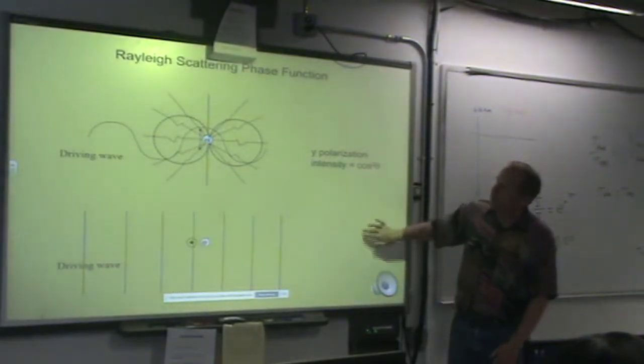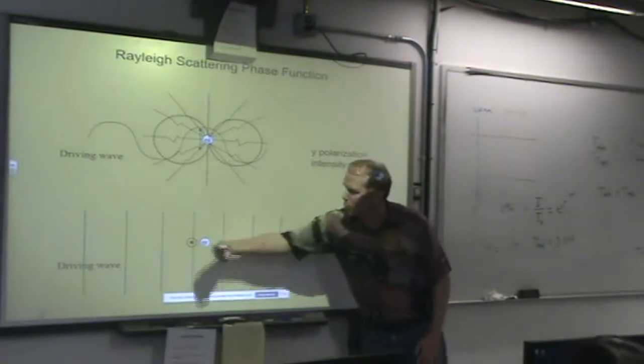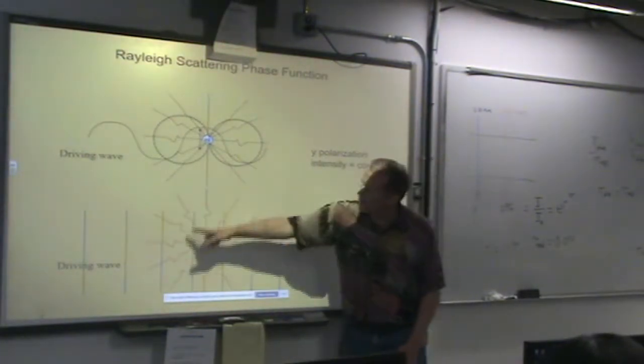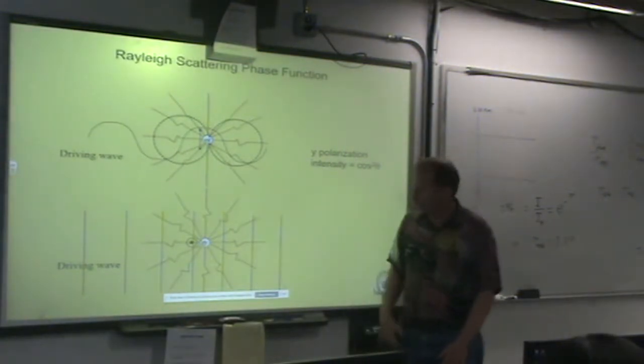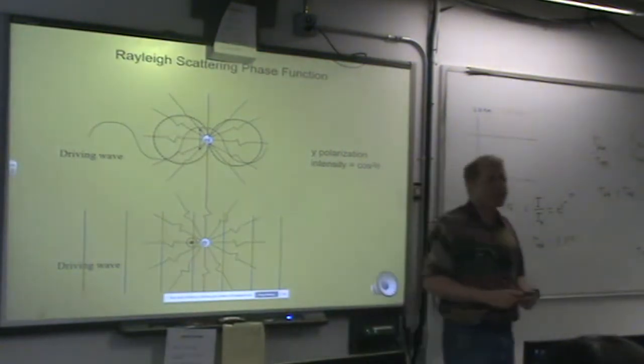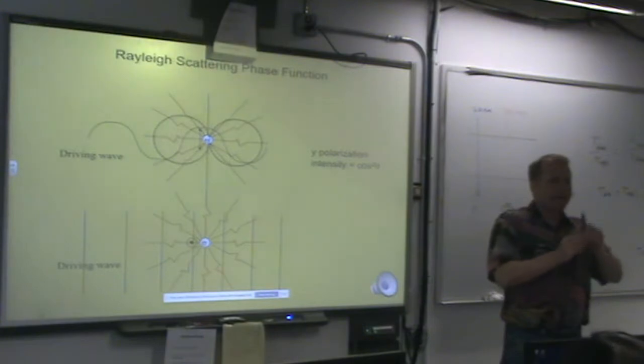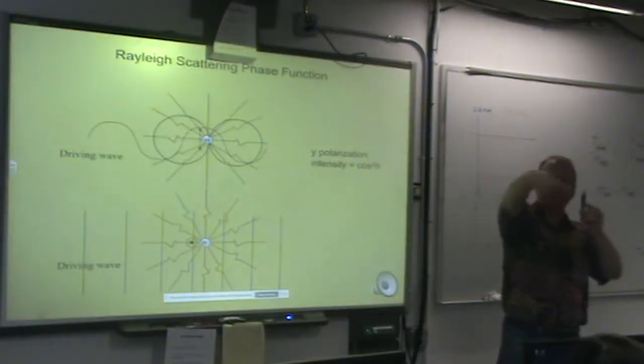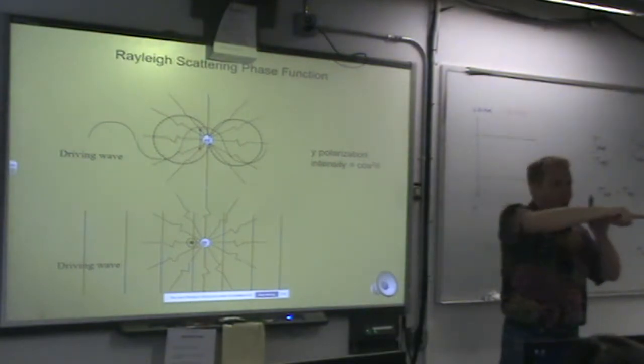If we have a driving wave like that, and the electron is being driven up and down, then we get the same intensity in all directions. If I have this electron bobbing up and down like this, all of you are going to see the same intensity. It doesn't matter which direction you're looking at.